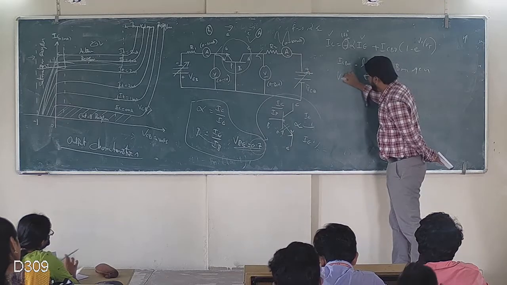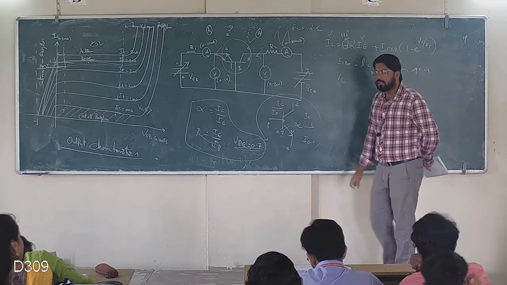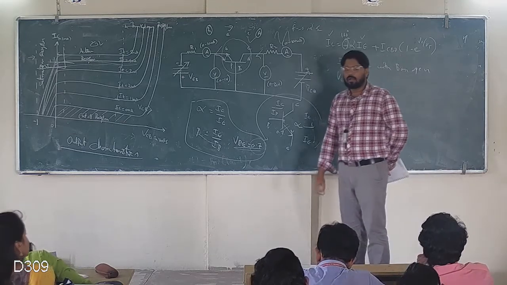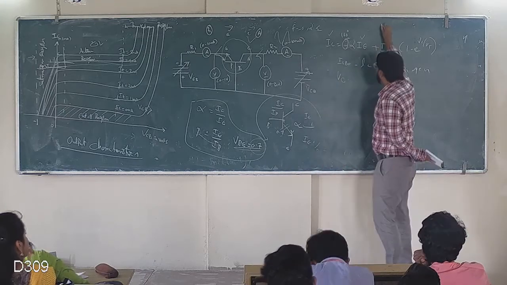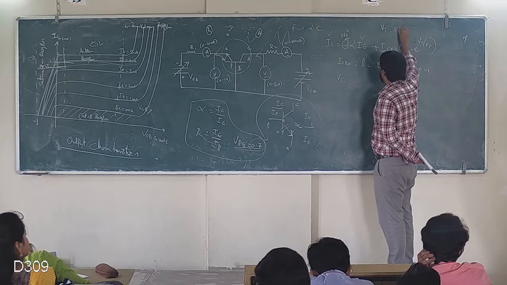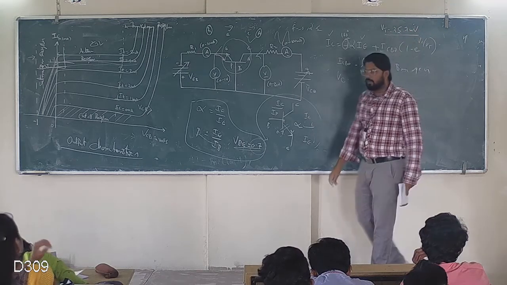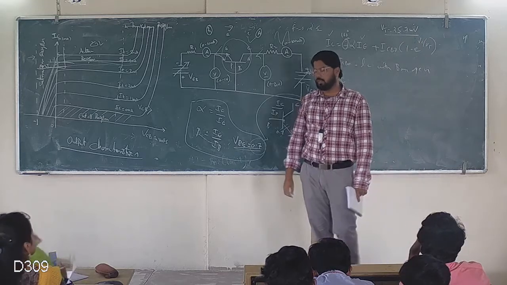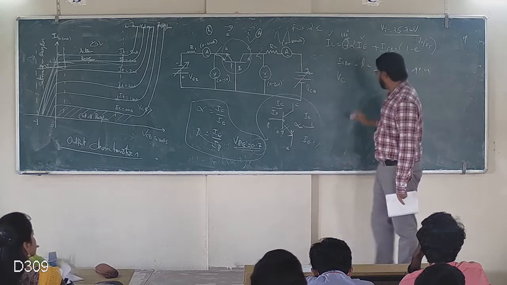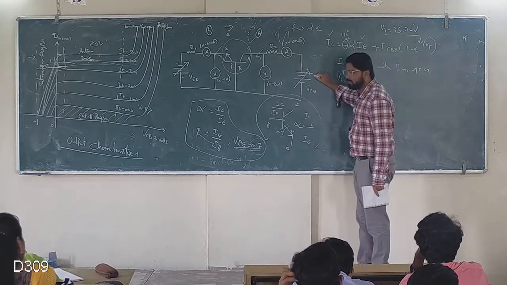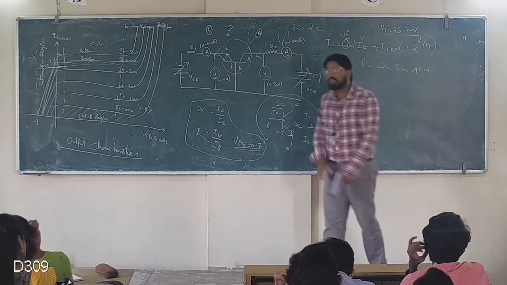Now what is VC? VC is the applied voltage. And what is VT? Volt equivalent temperature. What is the exact value? The exact value of VT is 25.7 millivolt, approximately 26 millivolt. But the applied voltage, I'm sure it is greater than 1 volt, that is 1000 millivolt.